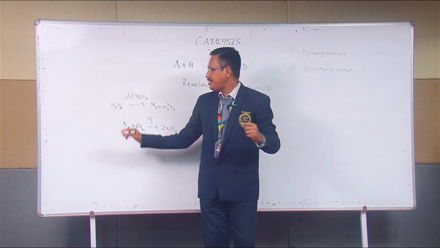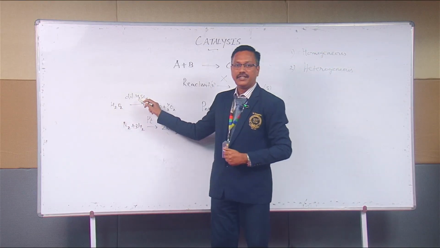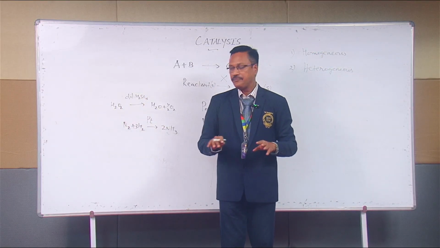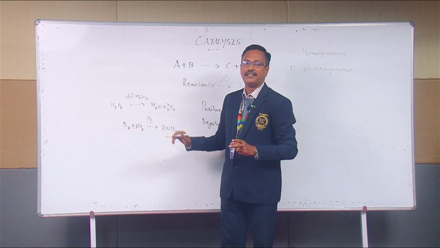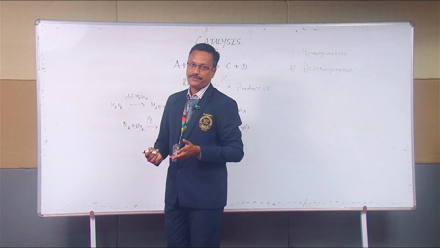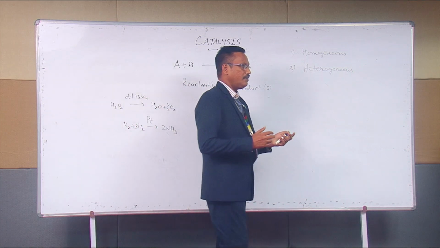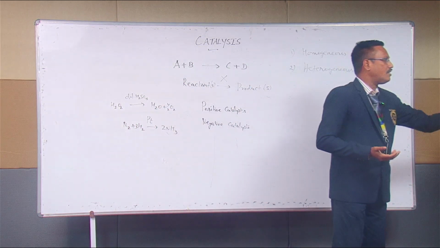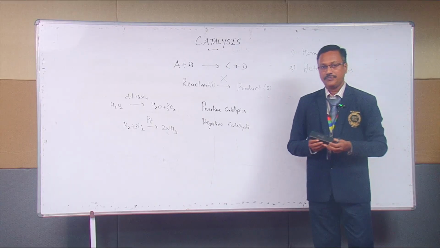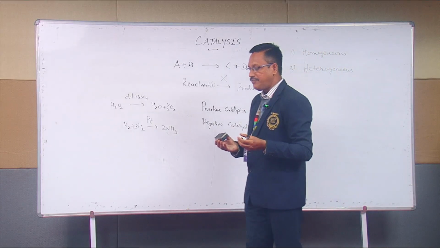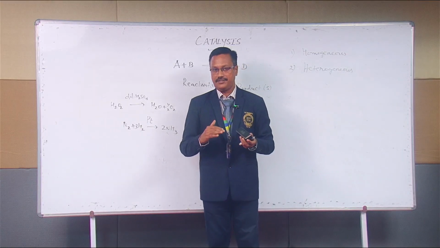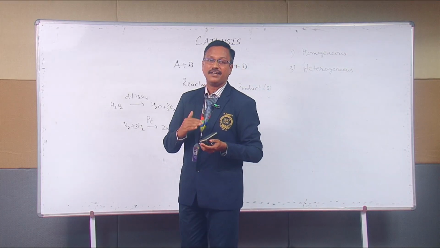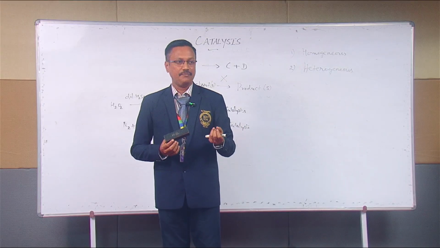In homogeneous, both your reactant and your catalyst will be in the same state. In heterogeneous catalysis, the reactants and the catalyst will be in different phases. Then, what are the basic characteristics or salient features of a catalyst? If you want to classify any substance as a catalyst, it should fulfill certain standards, the basic criteria, the basic requirement, the salient features.